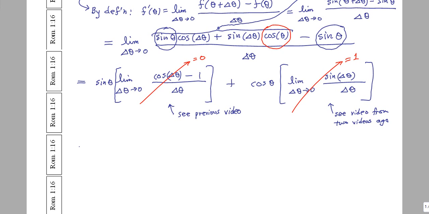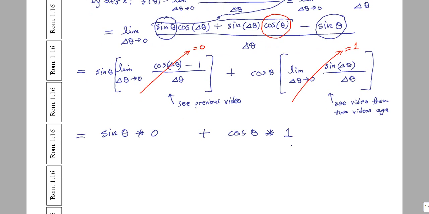So let's put all of that result together. We have sine of theta times 0 plus cos of theta times 1. And so we have now shown that the f prime of theta, which is to say the derivative of sine of theta, is equal to cos of theta.